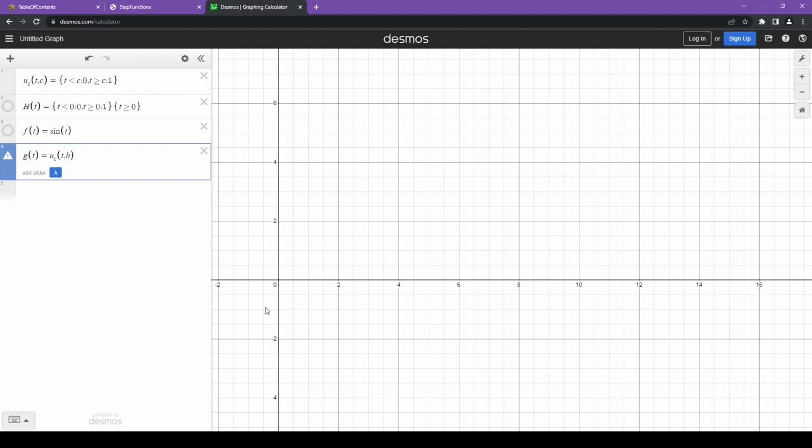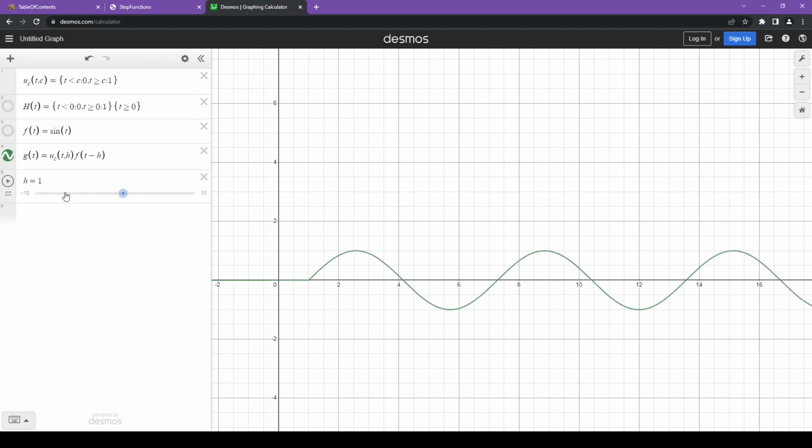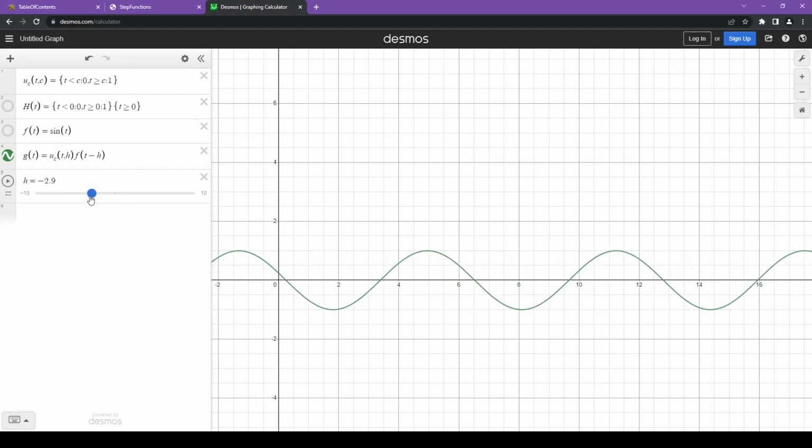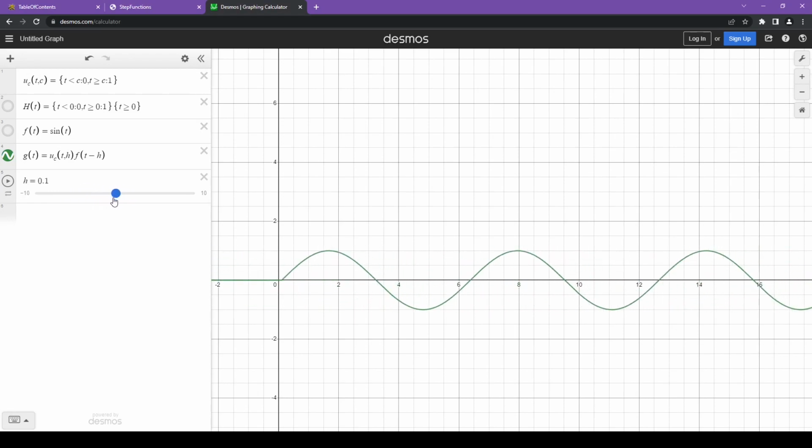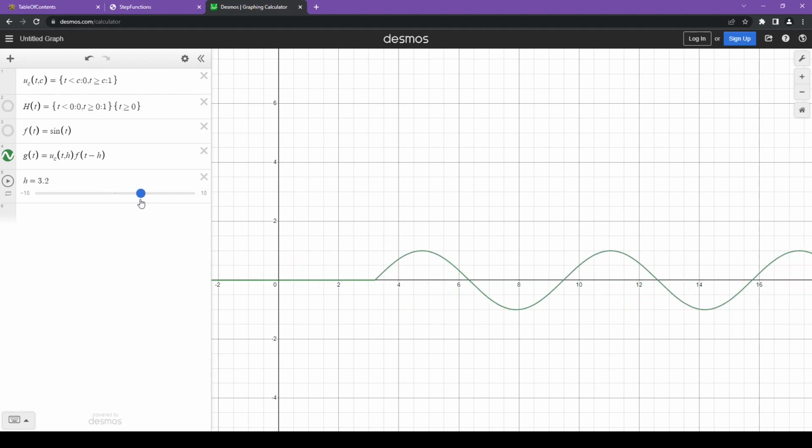Actually, we'll choose h for the horizontal shift. And then f of t minus h, we'll add a slider here, okay? And what you see is that as we change the value for h here, it horizontally translates the function, but the function does not turn on until we get to whatever the value for c is.